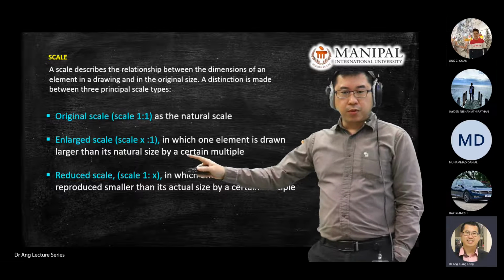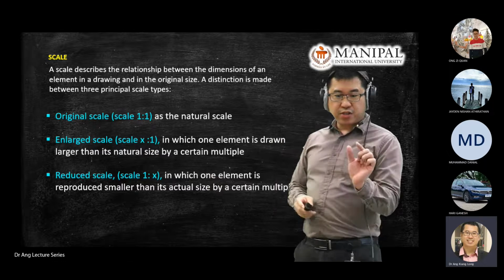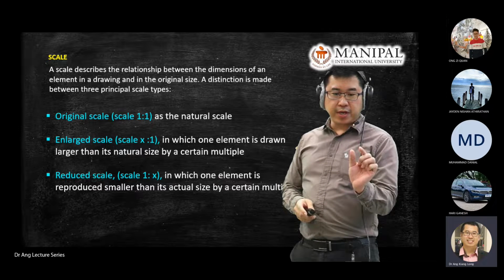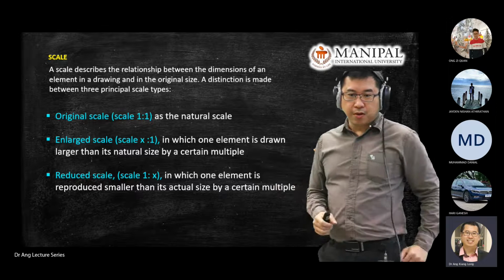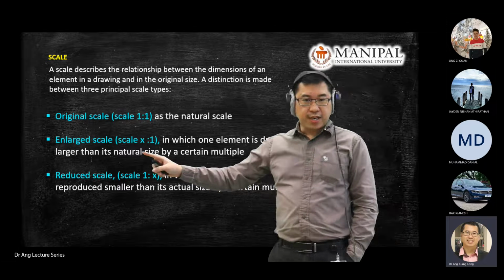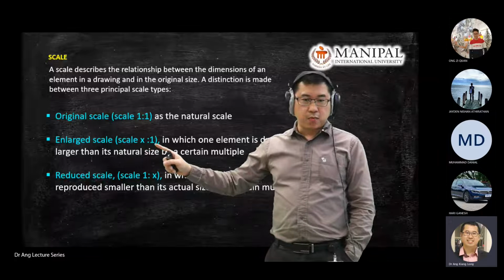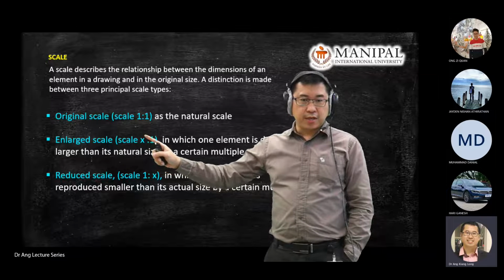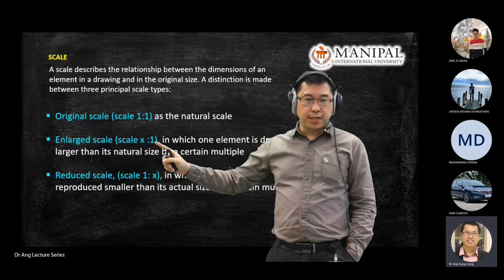Second one, if you doing an enlarged scale, meaning if the model is very, very small and you put in A4, it will be a big drawing in your A4 paper. So the scale in your drawing later on, this one will be bigger than 1. So you put in the respective scale later on. This number will be bigger than 1.